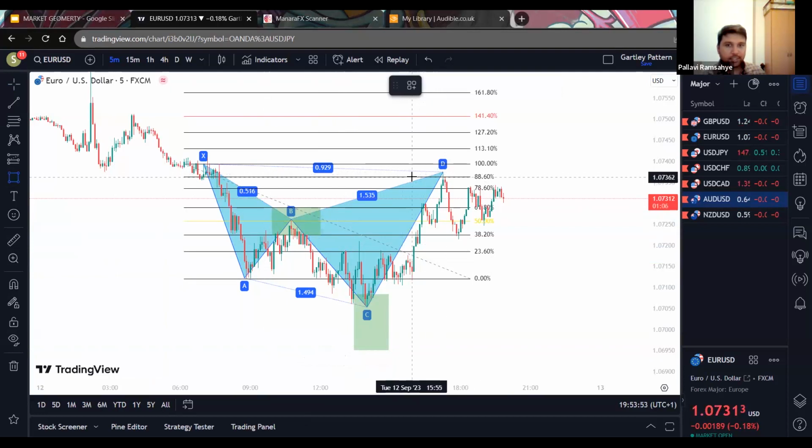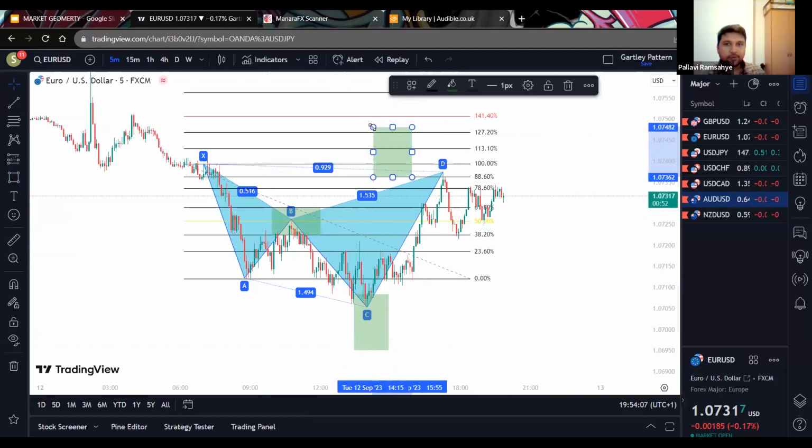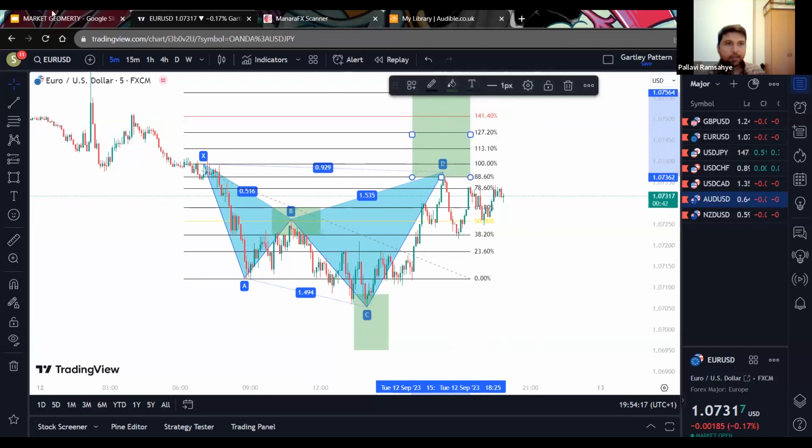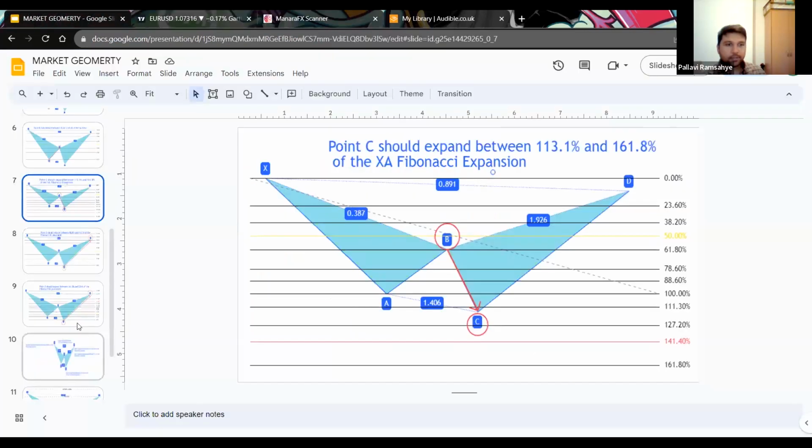So the percentage will be 88.6. Yeah. And can anybody say the second percentage? Does anybody remember? So it's quite a big zone.